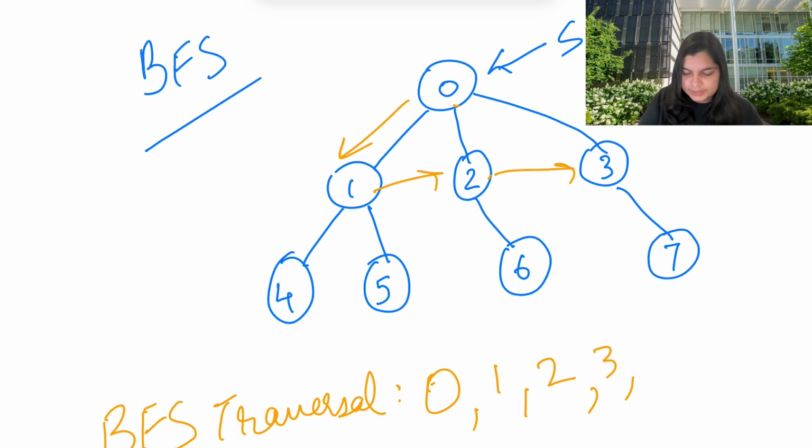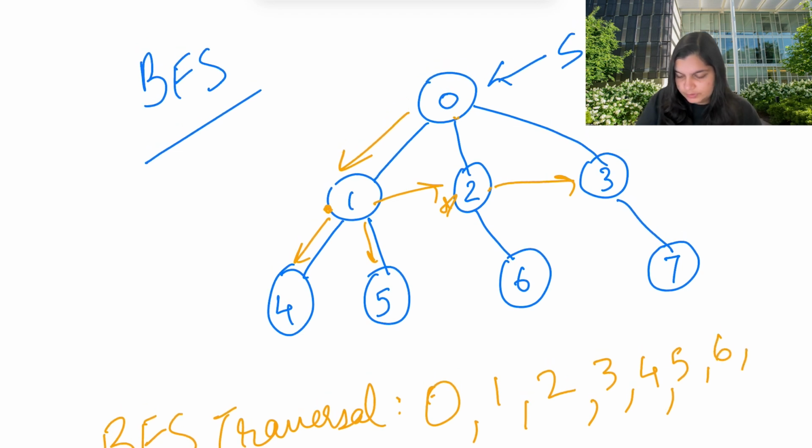No. So then I now am here and I'm finding the neighbors of the node numbered 1. That is 4. The next neighbor is 5. There are no more neighbors to 1. That is when I'm here on node number 2. And there's only one neighbor, 6. After this, I move here.